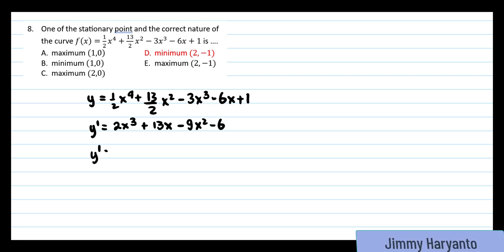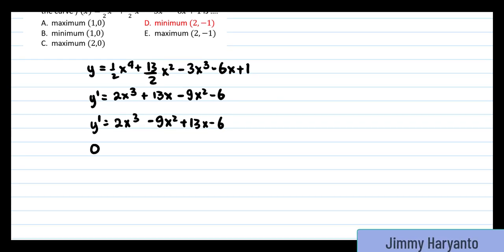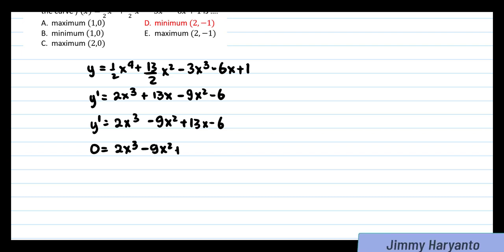Of course we have to rewrite that and sort it: 2x cubed minus 9x squared plus 13x minus 6. The next step is to make y prime equal to 0. So 0 equals 2x cubed minus 9x squared plus 13x minus 6. After this, you have to find the value of x, of course.